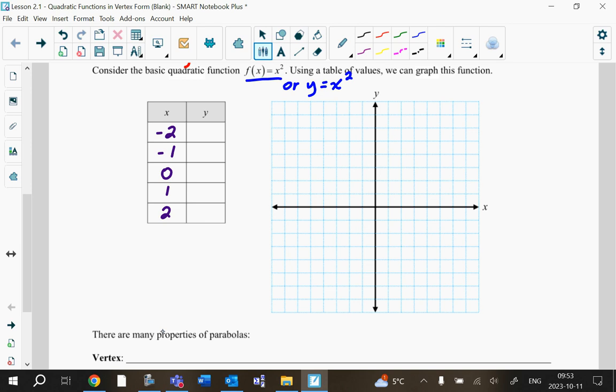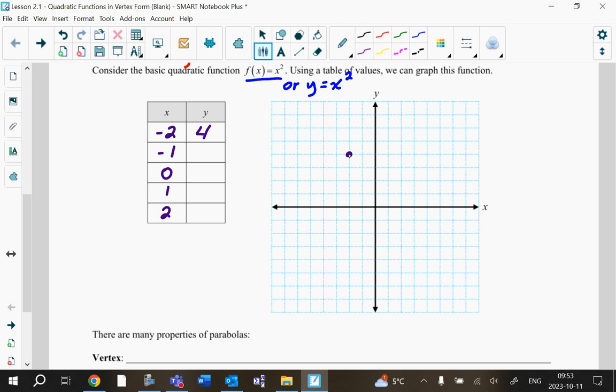So if I plug negative 2 in here, what is negative 2 all squared? Negative 2 squared, 4. So that's a point, negative 2, 4. What happens if I try negative 1?